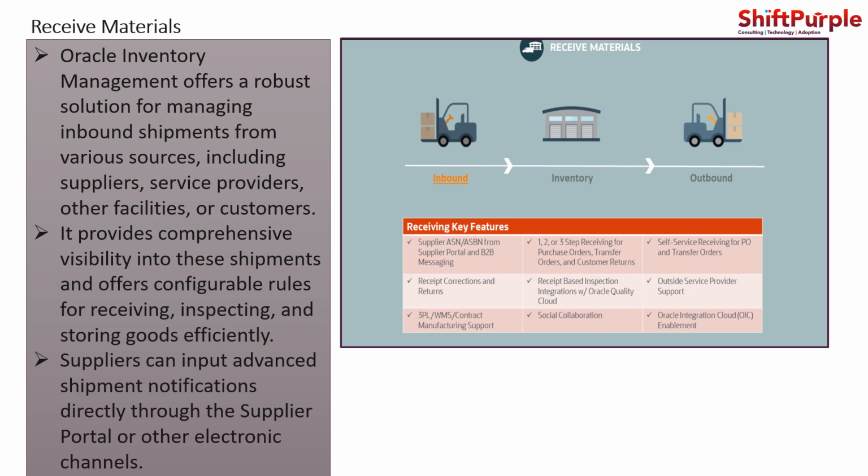It provides comprehensive visibility into these shipments and offers configurable rules for receiving, inspecting, and storing goods. Suppliers can input an advance shipment notice directly through the supplier portal or other electronic channels. So they can send the prior information, the advance shipment notice, that we are going to ship on so and so date, this much quantity.